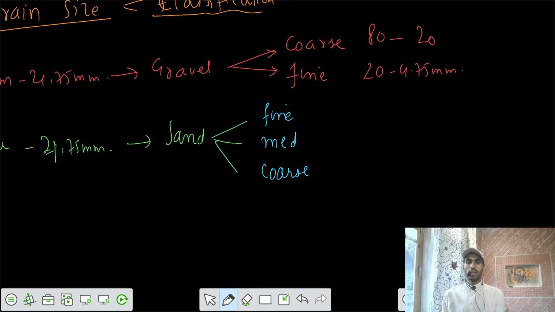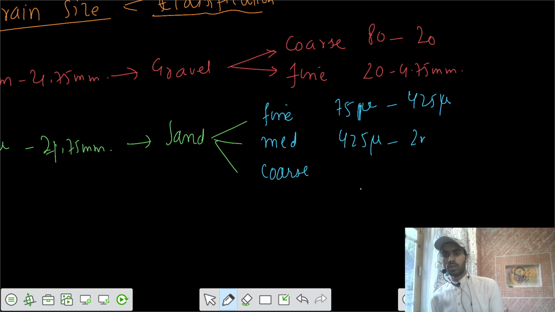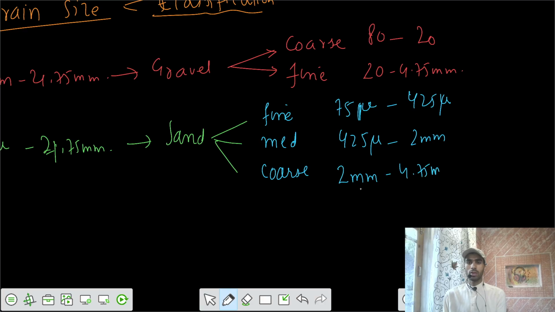For the fine sand, your particle size is in the range 75 micron to 425 micron, and for medium sand we have 425 micron to 2 millimeters. And for the third one, coarse sand, that is 2 millimeter to 4.75 millimeters.